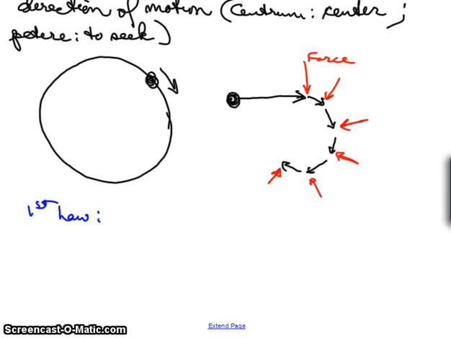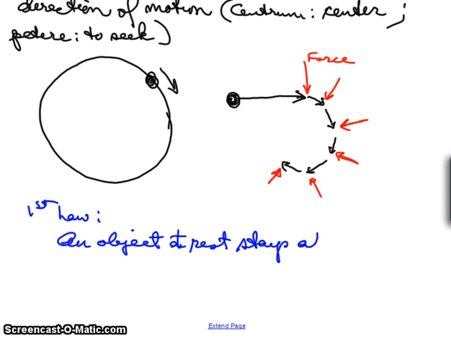It's the type of motion now we have to be a little more specific about. So let's make our first modification to it in this way. An object at rest stays at rest. So we're a little more definitive about that.